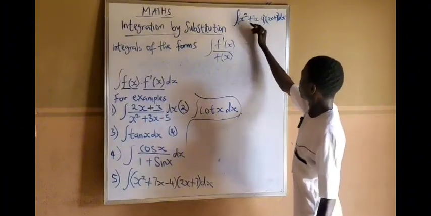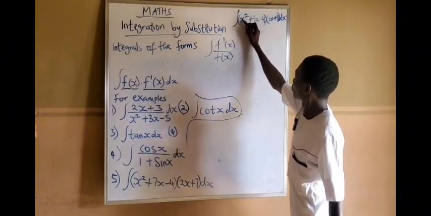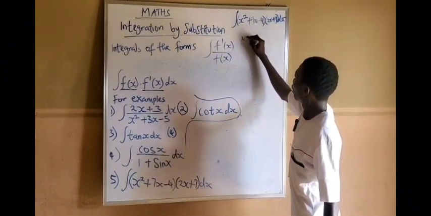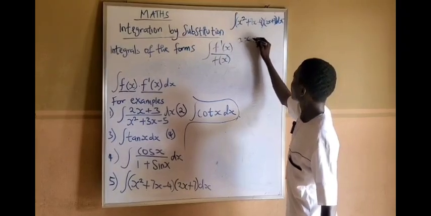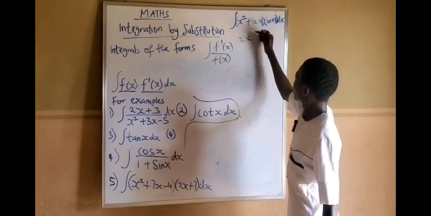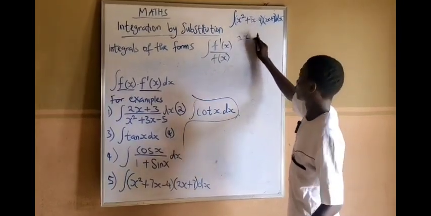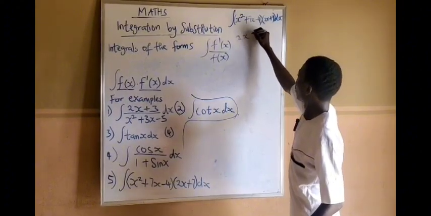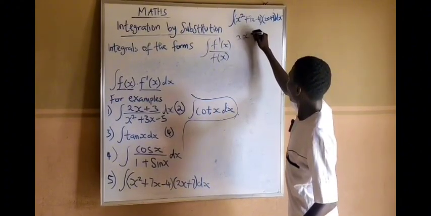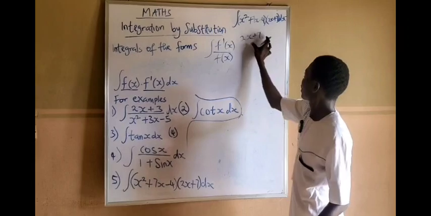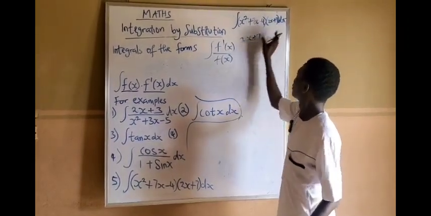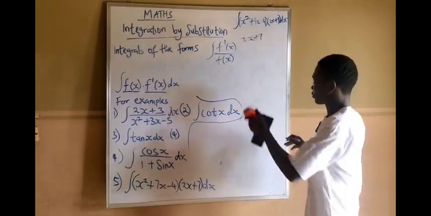If you differentiate this using the general method, the 2 will multiply it, subtract 1, it will give you 2x. If you differentiate 7x, you can watch my video on the general method of differentiation if you don't understand it. It will give you plus 7. You will notice that the constant 4 will become 0. This gives you exactly what is there, so you make use of substitution method.